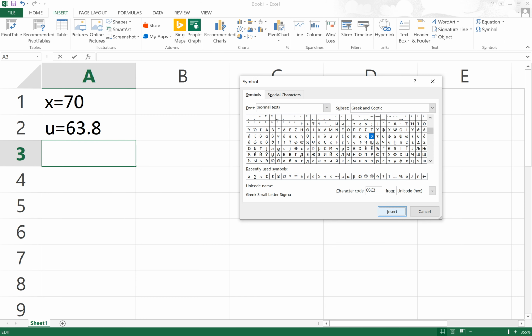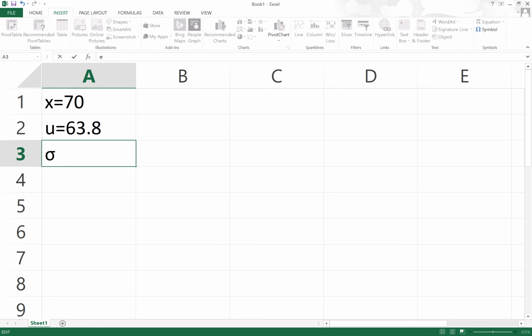I'll find sigma right here, okay, equal to 2.6.